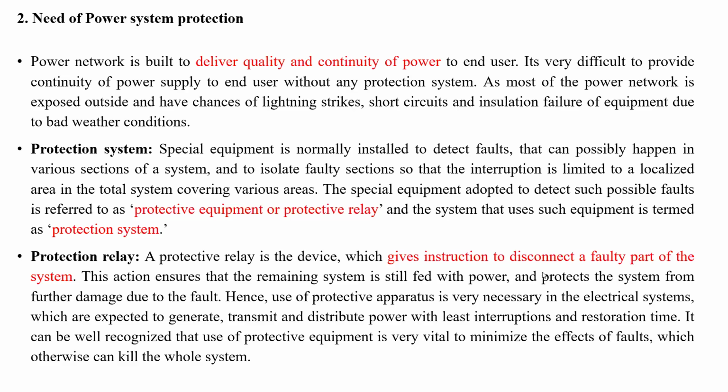The protection relay is the device which gives instructions to disconnect the faulty part of the system. This action ensures that the remaining system is still fed with power and protects the system from further damage due to the fault. Hence, use of protective apparatus is very necessary in electrical systems which generate, transmit, and distribute power, with least interruptions and restoration time.